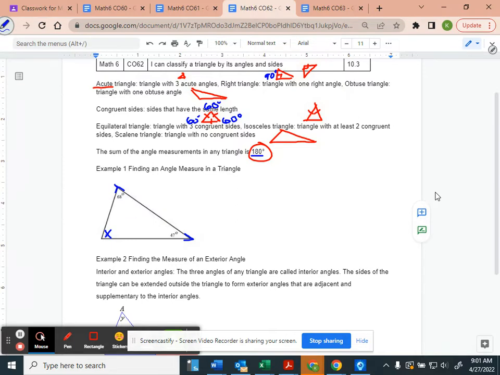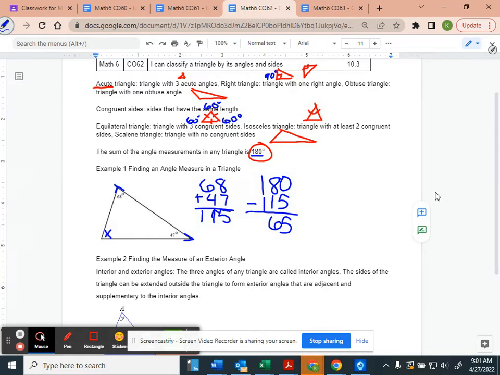Well, I added 68 plus 47. And what did you get adding 68 plus 47? 115. And then I subtracted that from 180, which got me to 65. And then I added them up, which got me to 65. So Peyton not only solved it, he also checked his work, which is perfect.